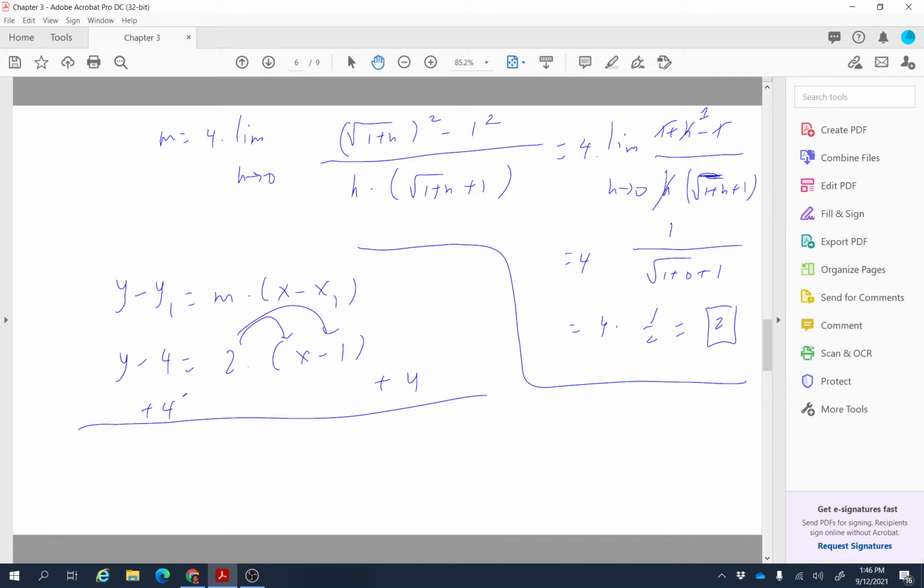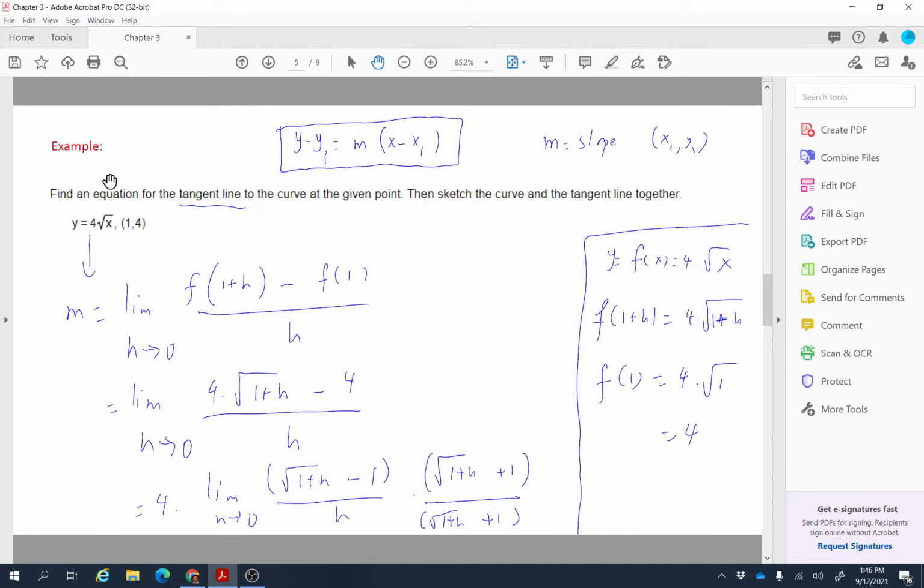Then eventually we're going to get y equals 2x minus 2 plus 4, which is y equals 2x plus 2. So that is the equation of the tangent line at the point (1, 4). That is possible by using this formula. In this formula, we need to find the slope. The slope can be found by using this limit formula.